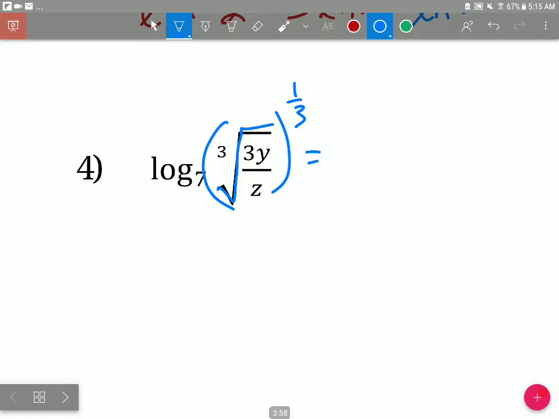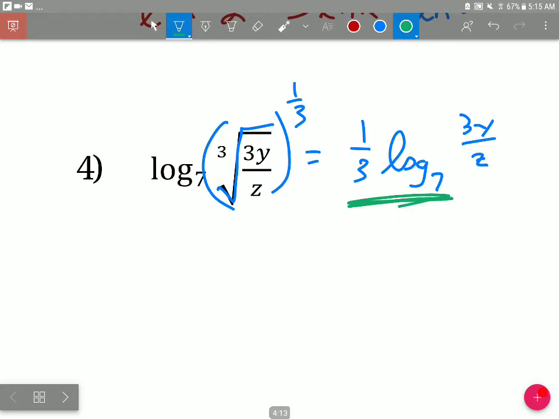That is 1/3 log base 7 of 3y over z. So this becomes the log I'm putting in front of all 3 of those. I just went ahead and moved it out front so I can go from there.